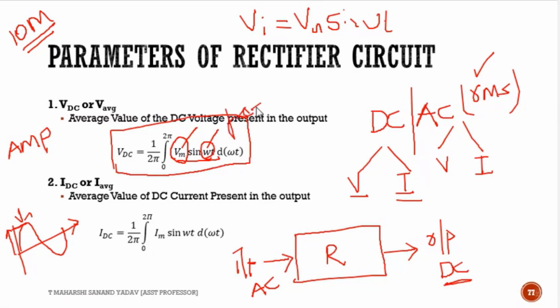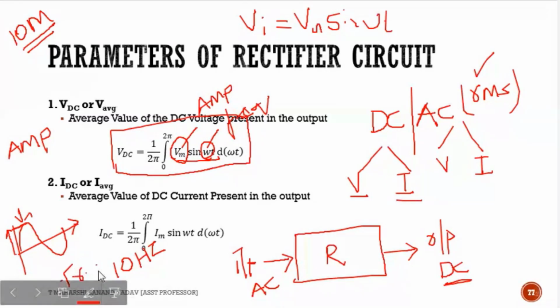What is frequency? This is amplitude. Suppose I'm saying 10 hertz. What does this mean? Actually, this is frequency. Suppose I'm considering frequency as 10 hertz. Can you tell me what is meant by frequency? What are the units of frequency? One is hertz.